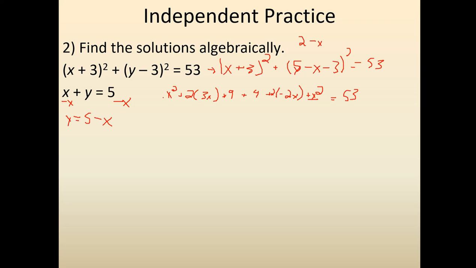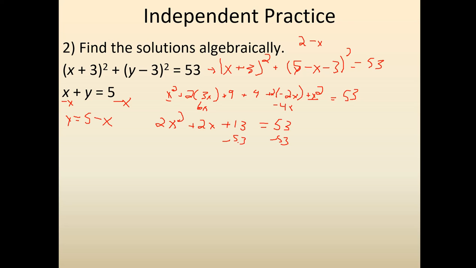Combine like terms, x squared and x squared. So I get 2x squared. This is a 6x. This is a minus 4x. So this combines to be a positive 2x. 9 plus 4 is going to be 13 equals 53. Subtract the 53 over.